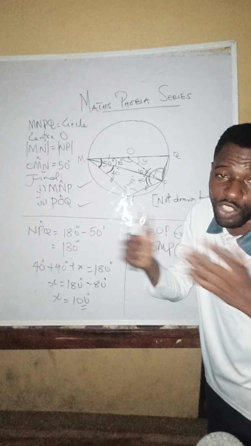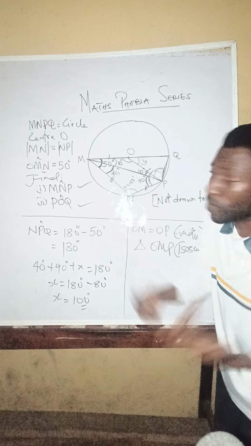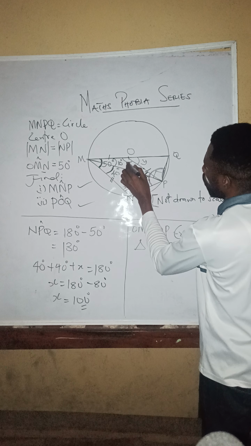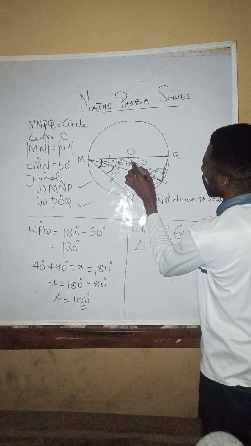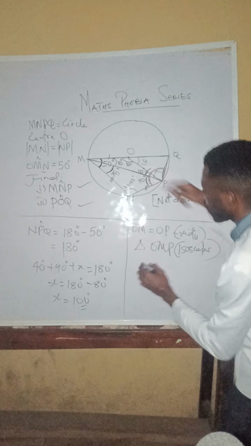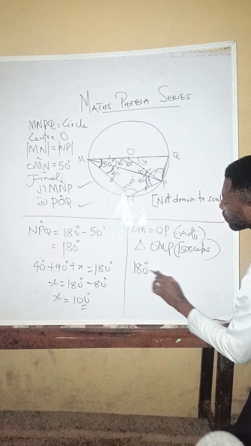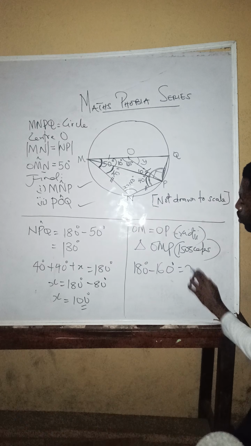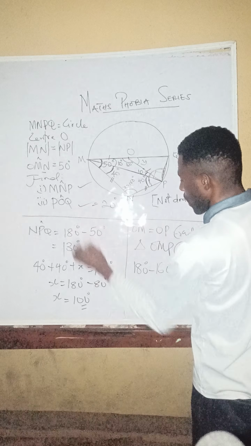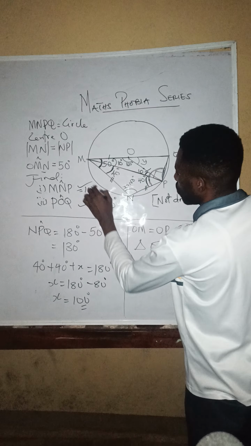Let's try both methods and see that we get the same answer. From here, 10 plus 10 is 20. 180 minus 20 will give us 160 degrees on this side. And then angle on a straight line, 180 minus 160 degrees, will give us 20 degrees. So POQ is 20 degrees, MNP 100 degrees.